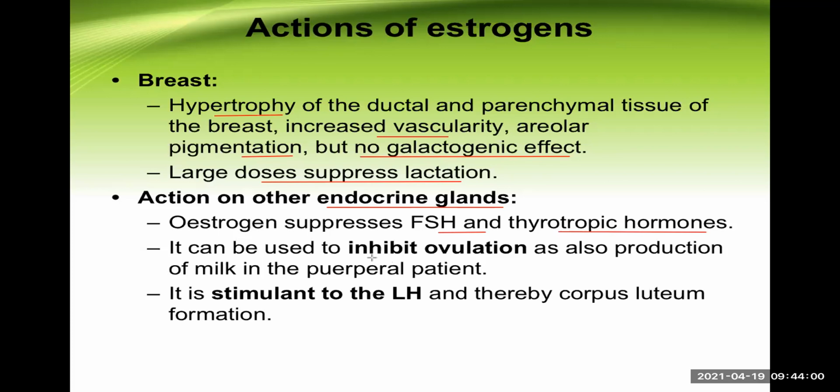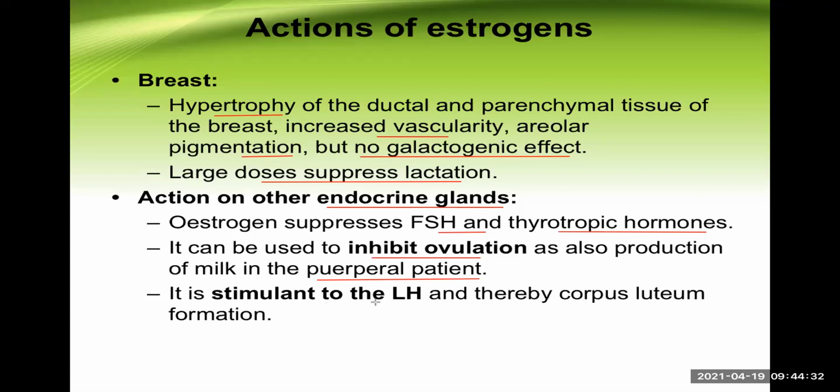It can be used to inhibit ovulation as also production of milk in the puerperal patient. Now, ovulation inhibition is done by a high dose of estrogen because of negative feedback again. If it is blocking the release of FSH and LH from the anterior pituitary, ovulation would be inhibited. In some situations, if the production of milk in the puerperal patient needs to be decreased, we certainly go for the use of estrogen.